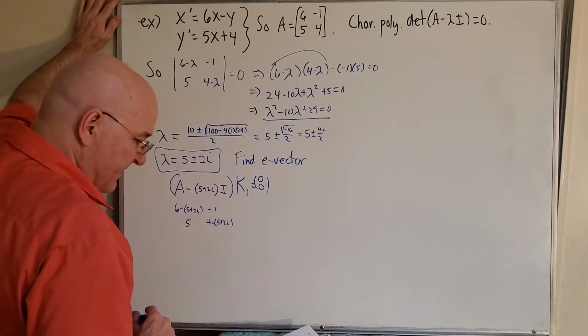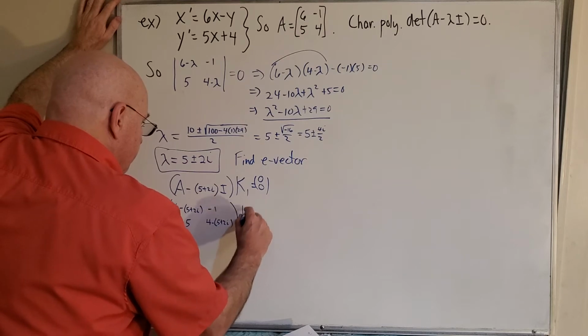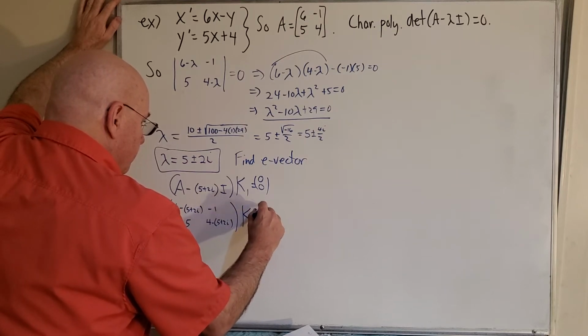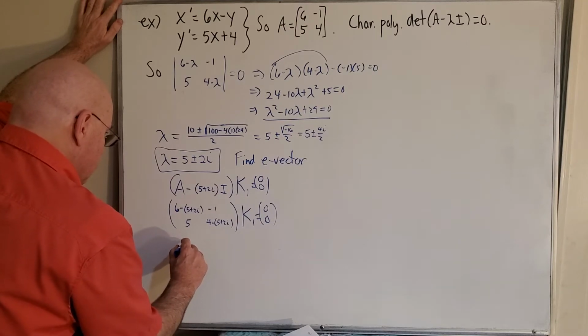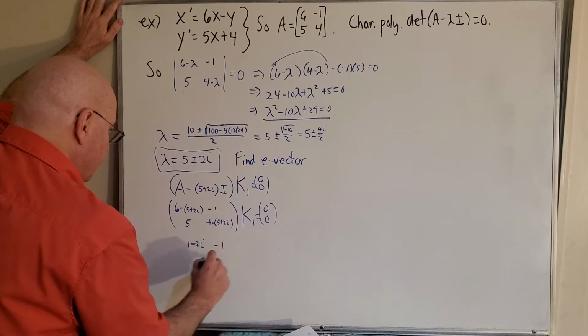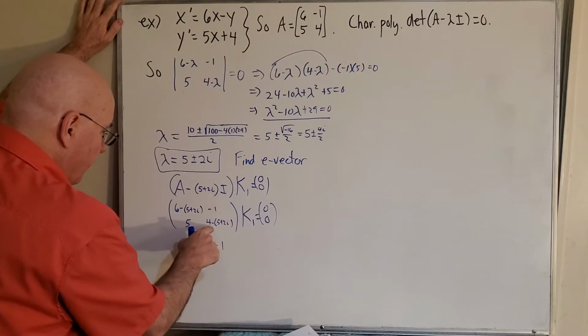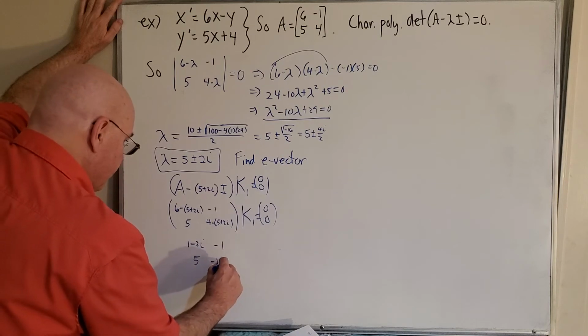And we're going to multiply that by k1, and we're going to get 0. All right, so 6 minus 5 is 1 minus 2i, negative 1, 5. 4 minus 5 is a negative 1, and that's a minus 2i.